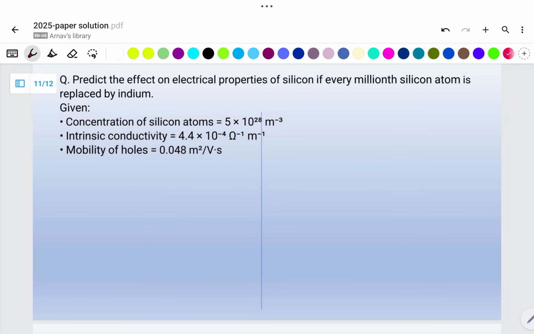Predict the effect on electrical properties of silicon if every million silicon atoms is replaced by indium. So we have given the intrinsic conductivity, 4.4 into 10 to minus 4 ohm meter. Now we know the number of impurities which are doped.